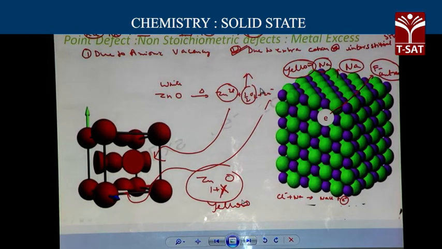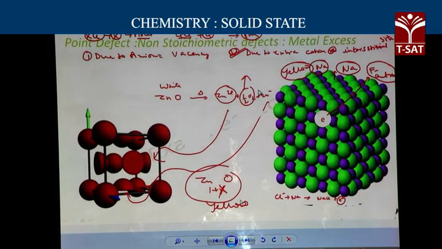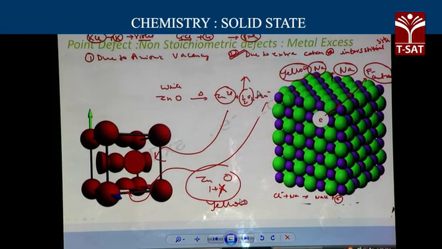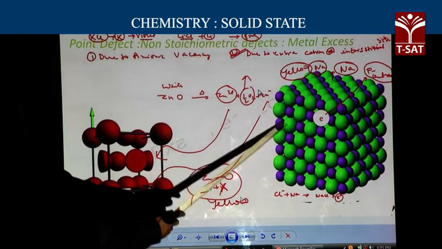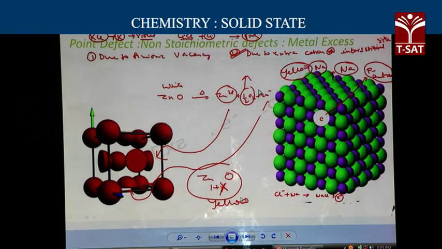Let us see the non-stoichiometric defects. Non-stoichiometric defects are of two types: metal excess defect and metal deficiency defect. Here, let us see the metal excess defect. See, all this crystal is properly arranged.